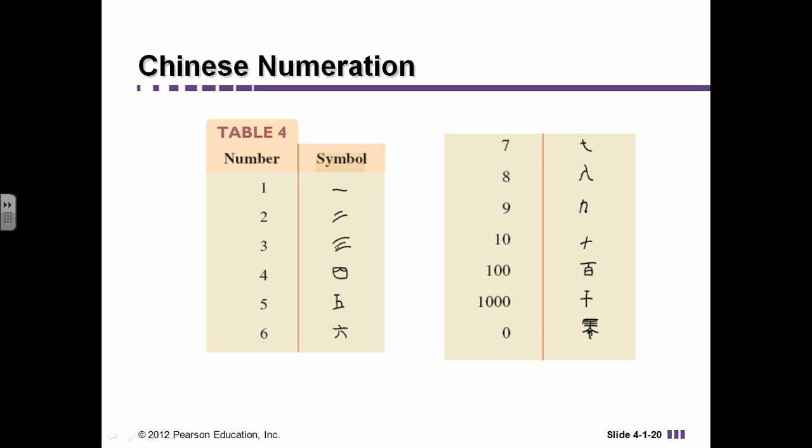So we have, for example, the symbol for 1, the symbol for 2, the symbol for 3. Then we have the symbol for 4, 5, 6, 7, 8, 9. And the symbol for 10 is down here, over on the right-hand side. So for example, if I wanted the number 70, then I would put the symbol for 7 and the symbol for 10 together.